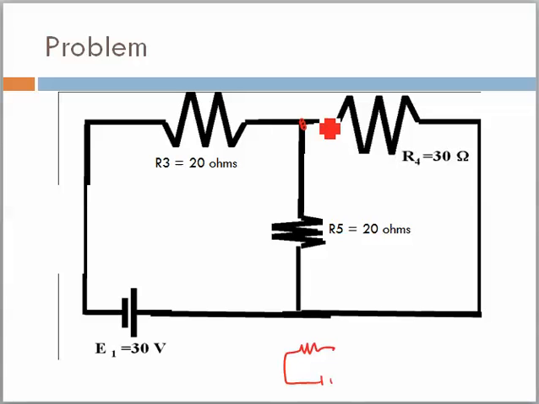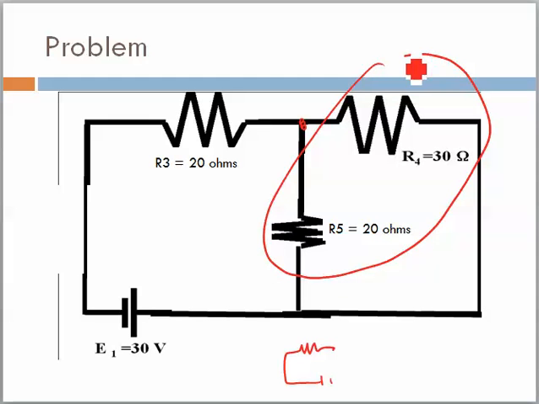And what we can do from this point is take these two circuits, combine them, and rewrite this problem as if we could find a total resistance and act as if there was one resistor in the place of those two.